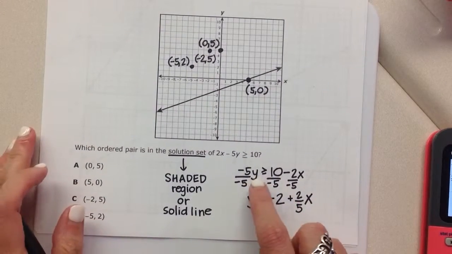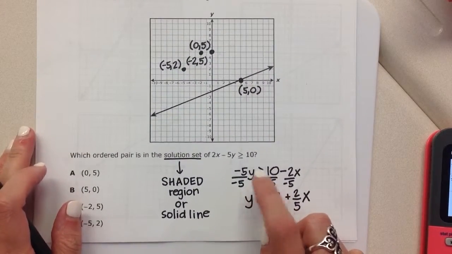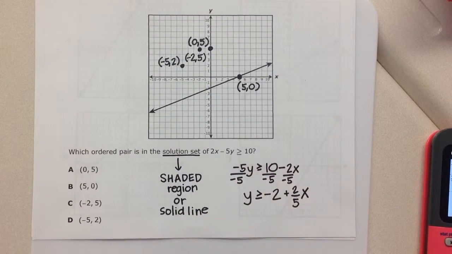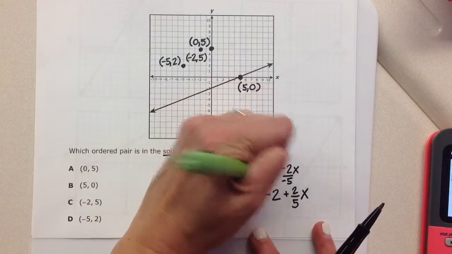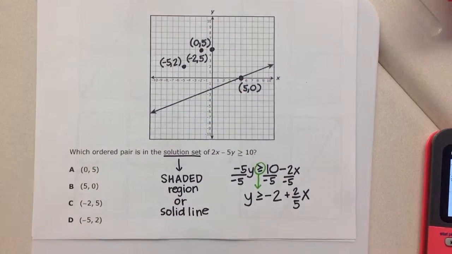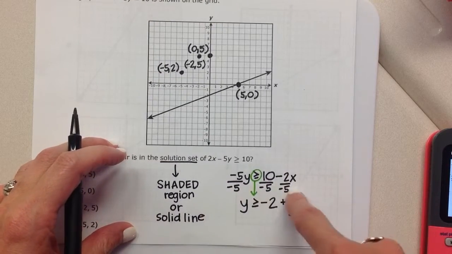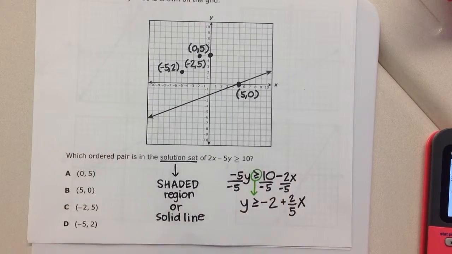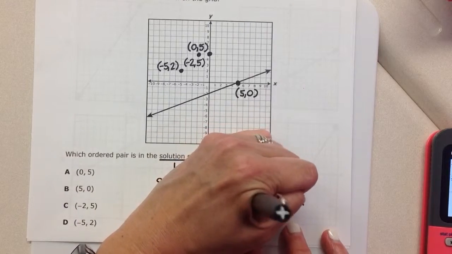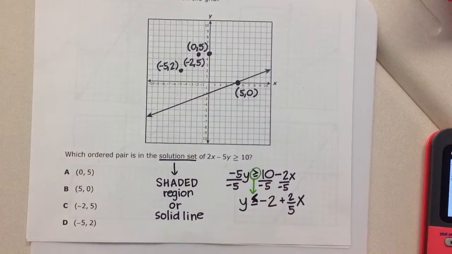And then, oh wait, I'm doing inequalities. I hope you remember that you needed to check your inequality sign to see if it flip-flopped. How do I know if my sign's going to flip-flop? I'm going to ask myself, did I divide by a negative number? And the answer was yes. So this actually needs to flip-flop. So this is not greater than or equal to. It's actually going to be less than or equal to, which tells me that I'm going to now shade down from my graph line.